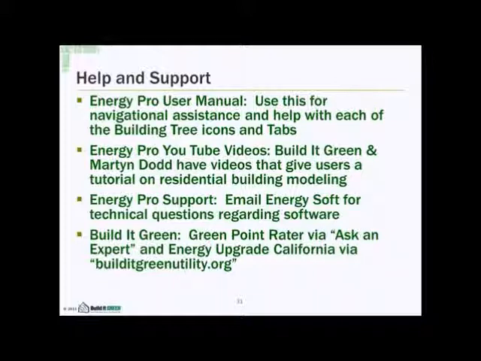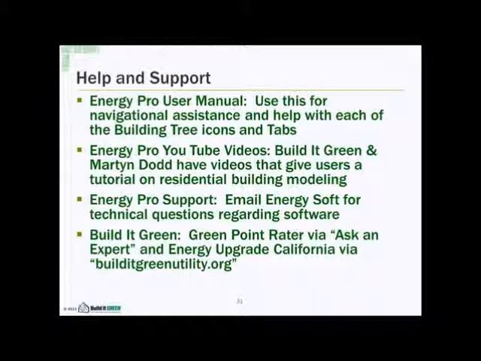So if you have typical modeling issues, they can assist you, but it's good practice to try to figure out, if possible, if this is a software issue or if it's just something that I, as an industry professional, should know.